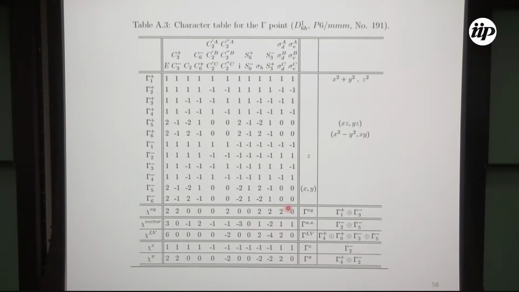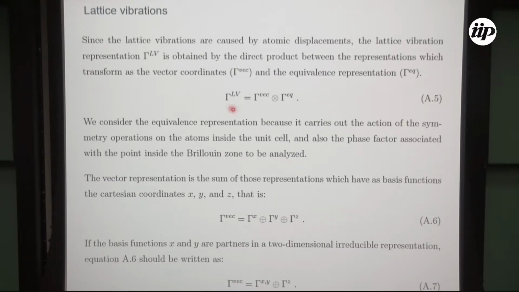Since we already have the equivalent representation, we can do the lattice vibration. The lattice vibration will be the direct product of the vector representation, which we know is x, y, and z, so it's the linear coordinates, with the equivalent representation.